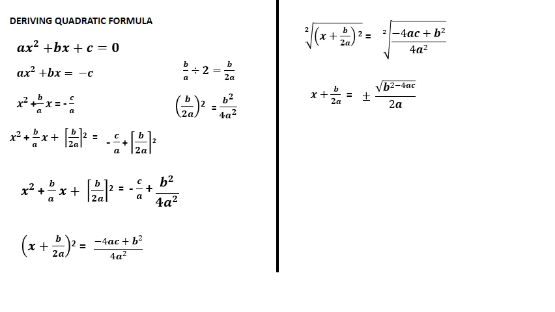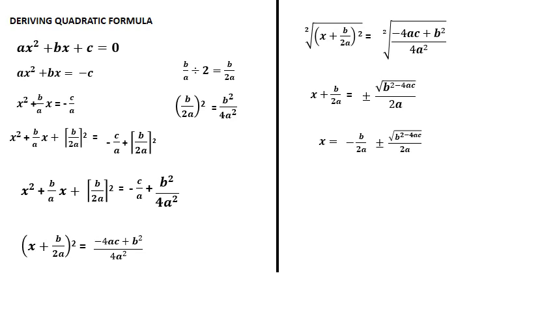Then the next step is we take b over 2a from the left side onto the right side. It becomes x alone on this side is equal to minus b over 2a plus or minus the square root of b squared minus 4ac divided by 2a.